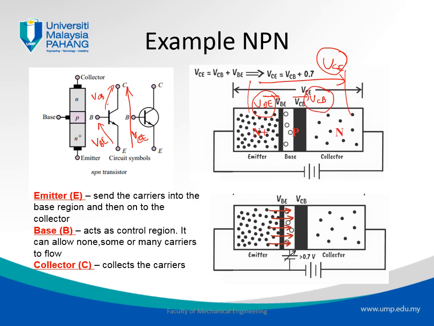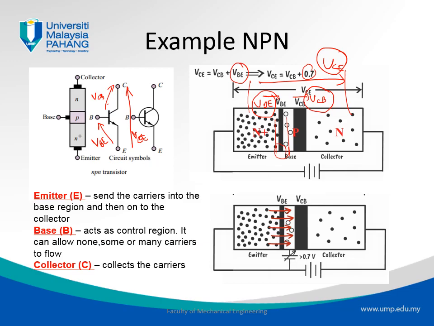And there's one thing we know here, VBE. VBE is the depletion region between the N and P region over here. This is the same thing as what we have observed in the diode.